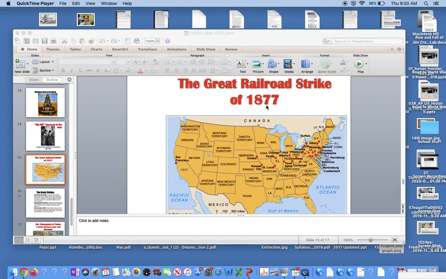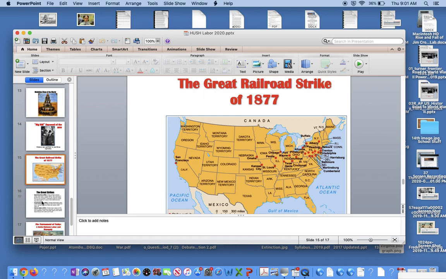They're also striking for things like safer working conditions, more general respect, stuff like that. But wage cuts are really the primary motivator for strikes. The 1873 panic winds up putting the country into a depression for about 4 years, and this railroad strike is one of those results.